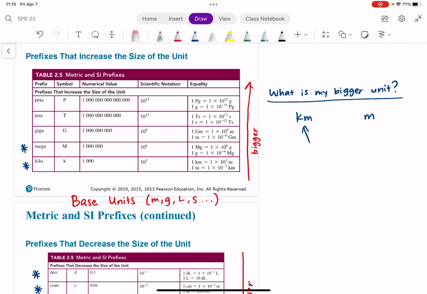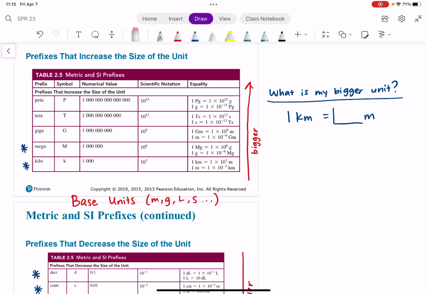You can also think of it as I'm getting bigger by a factor of 1,000 than my base unit down here. Okay, so whichever way helps you to think about it. And then the next question I ask myself is, how many small units, right? We already said meters are smaller than kilometers. So how many of my small units are in one of my big unit?